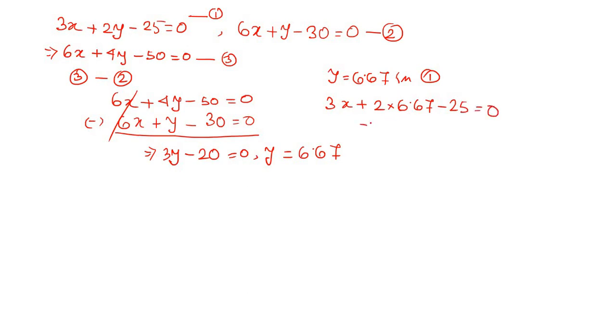So ultimately when you solve this, you get thrice x equal to 11.66. So you have x equal to 11.66 by 3, and that is 3.89.